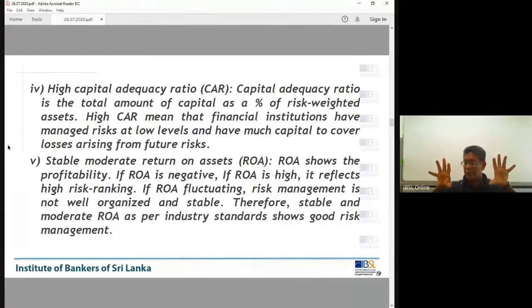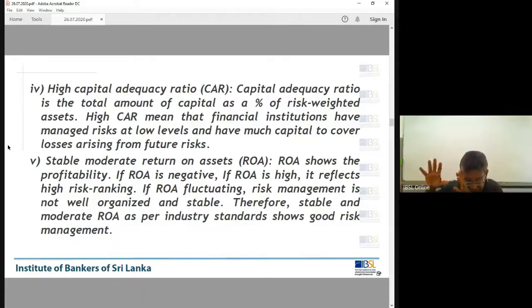I think I have already spoken about this earlier. One is the domestically significantly important banks, and the others are not. There are two sets of banks in Sri Lanka. In today's context, how many banks do we have? Around 24 banks at the moment. These banks are categorized into domestically significantly important banks and not significantly important banks.